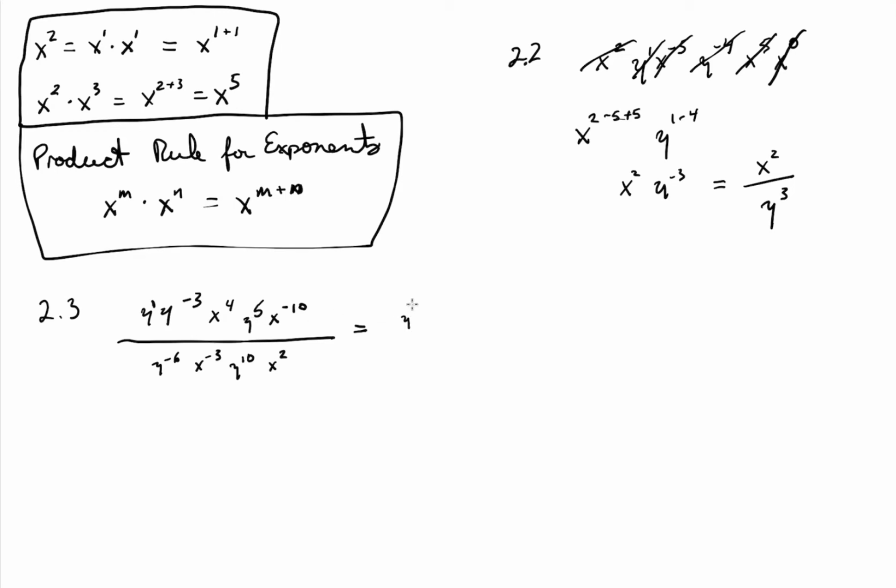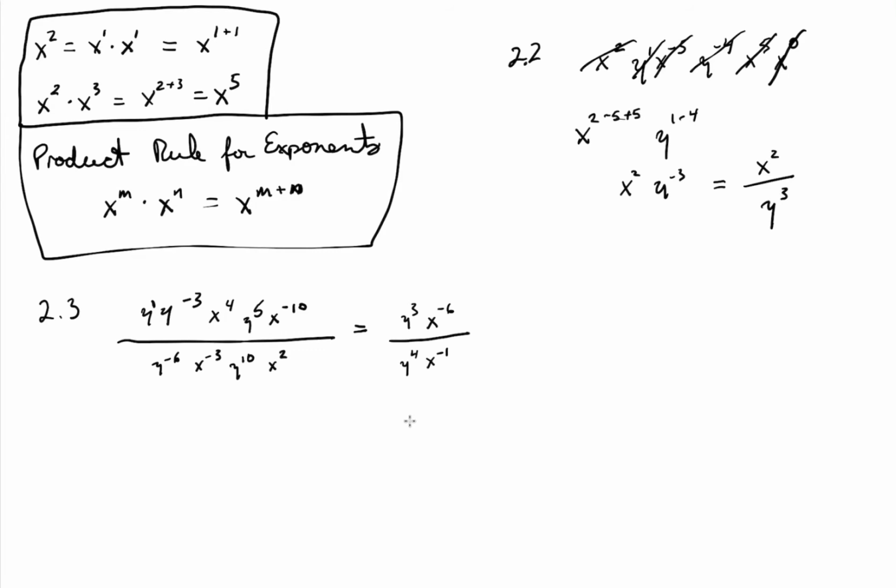So we have y to the 3, and we have an x. We have x to the 4 and x to the negative 10. All right, 4 and negative 10, that's going to be a negative 6, right? Let's look at the bottom. We have negative 6 for our y. We have negative 6 and a positive 10. It's going to be a positive 4. And for our x, we have a negative 3 and a positive 2. That's going to be a negative 1.